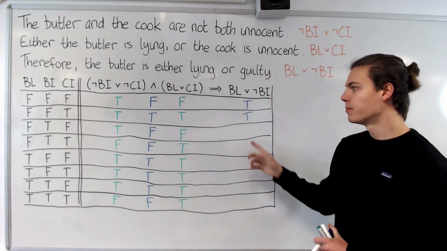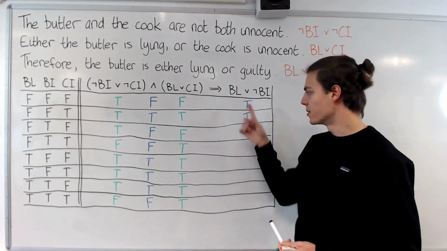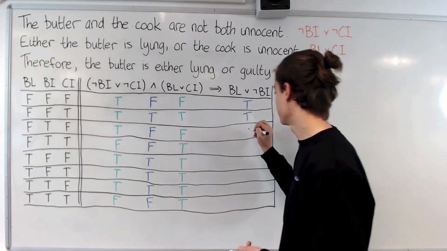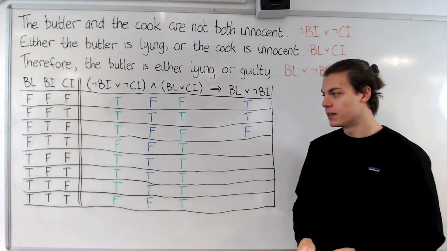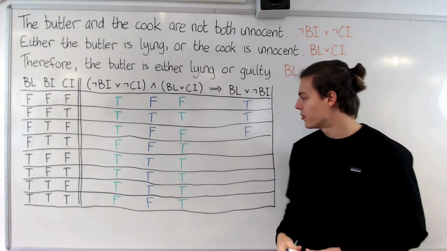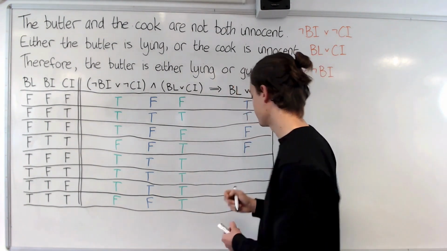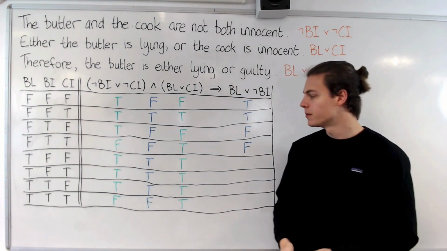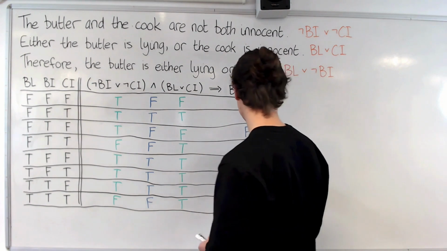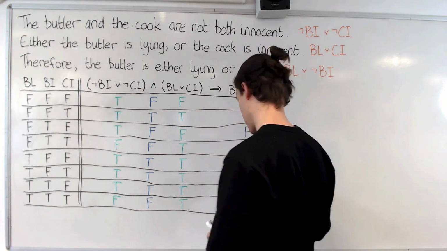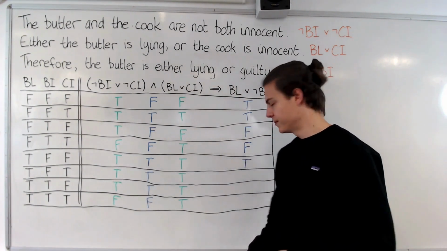In our third row, BL is false and BI is true, and so this is false. And it is false again in the next row. In our fifth row, BL is true, and so this is true. And in fact, this is the case for all of the remaining rows.